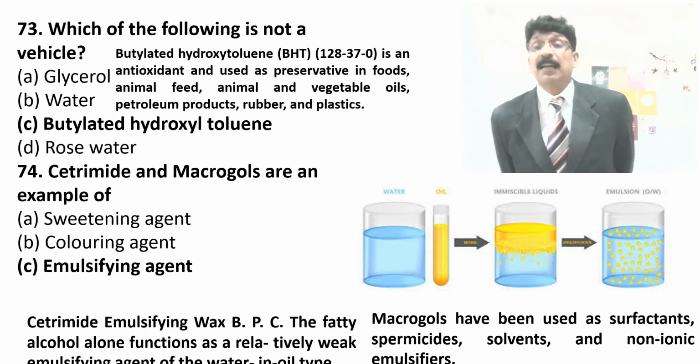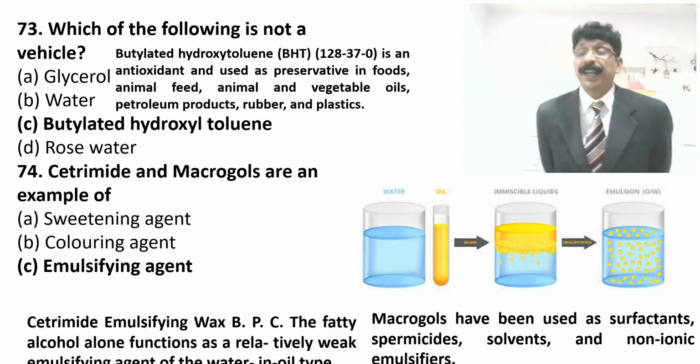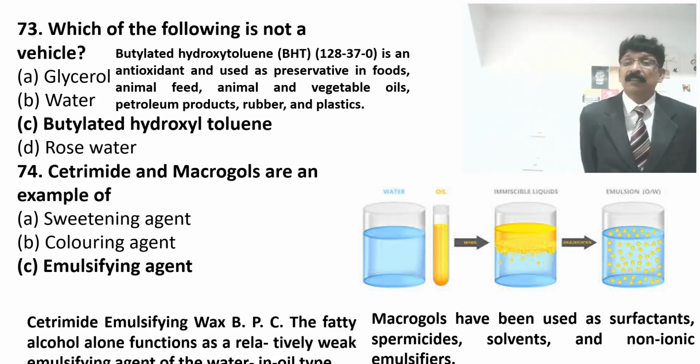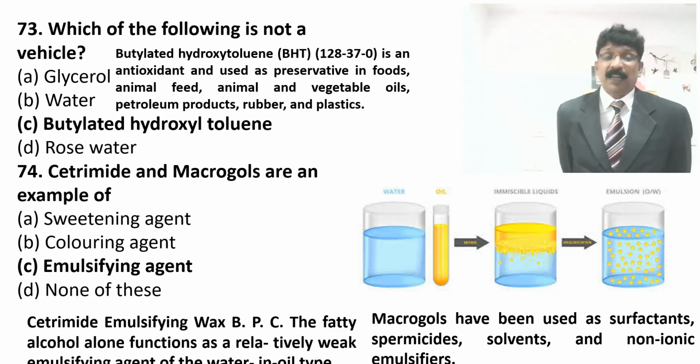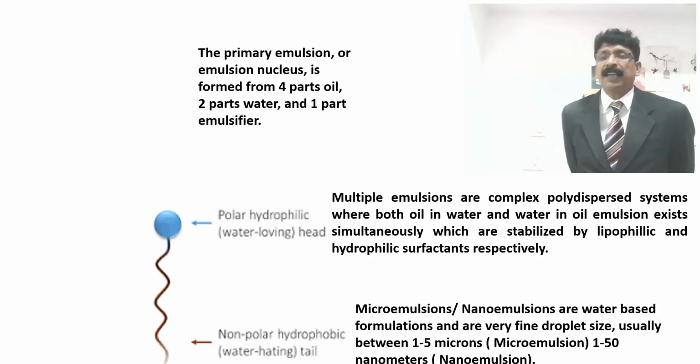They are all surface-acting agents which reduce the interfacial tension and make two immiscible liquids disperse, one in the other. So none of the above is not the answer. Cetostearyl alcohol and macrogols are emulsifying agents.